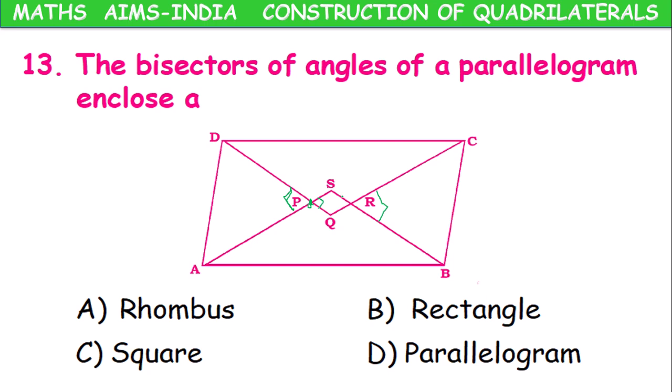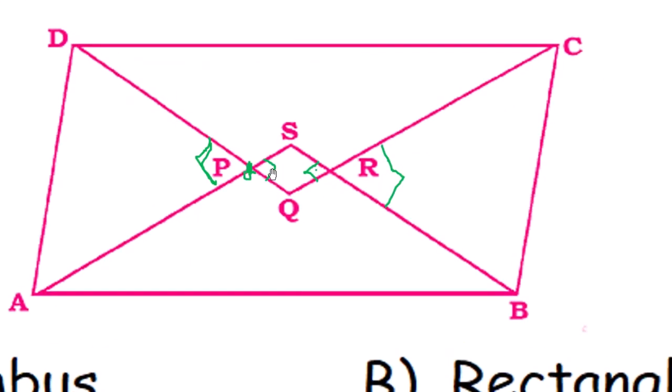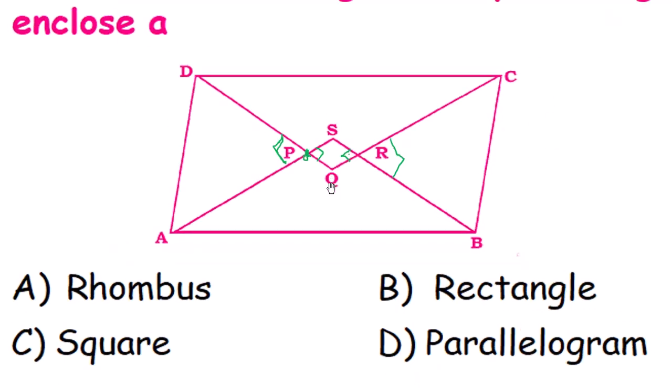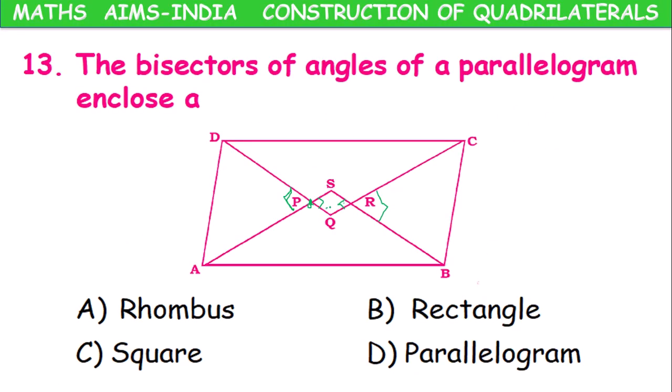In this quadrilateral, this angle is 90, this angle is 90. But adjacent angles are supplementary, meaning if this is 90, the adjacent angle also has to be 90 so that the sum is 180. So the above angle will be 90.